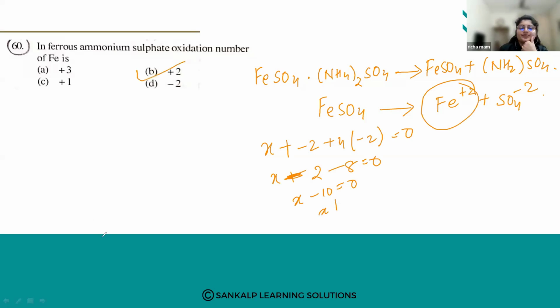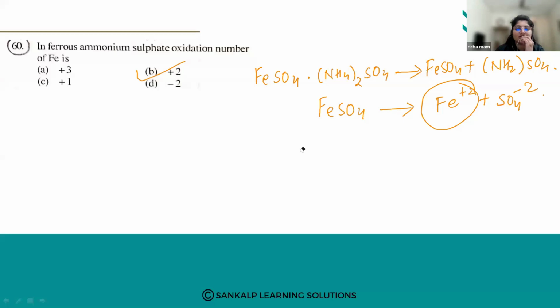So it is plus 2. In ferrous ammonium sulfate, the oxidation number of Fe is plus 2. So the oxidation state of Fe is plus 2.